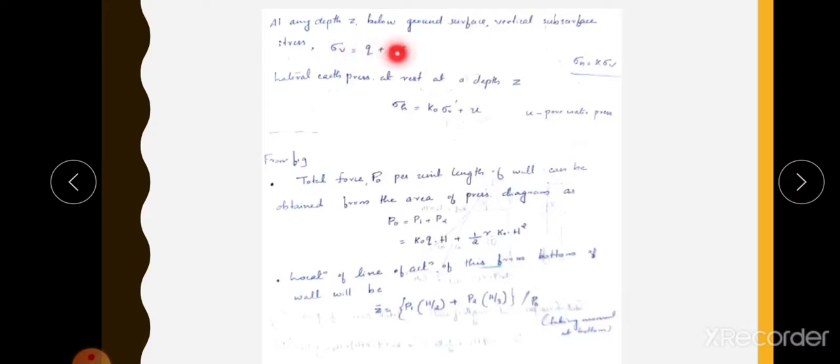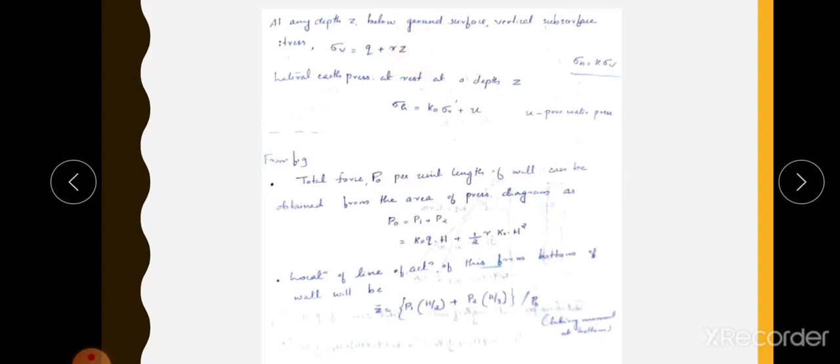At any depth below the ground surface, the stress is equal to Q plus gamma h. That is, if we want to find the vertical stress, it will be the stress due to surcharge weight plus the stress due to backfill soil.